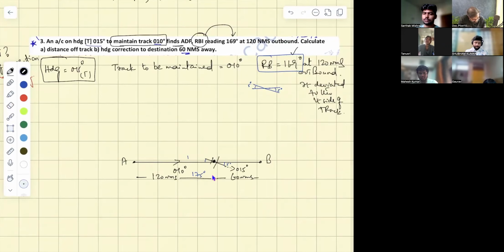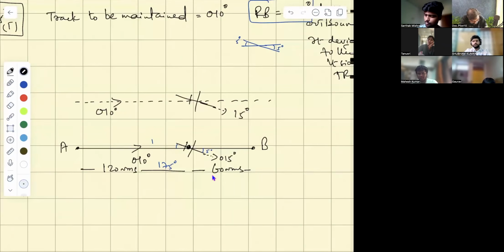Now, on the left side of the pilot, draw a parallel track like this. So this is also 010 degrees, and the aircraft is heading 015 degrees. Understood till here? Now, if you draw a line between A and the aircraft, nose to station, that is your relative bearing.